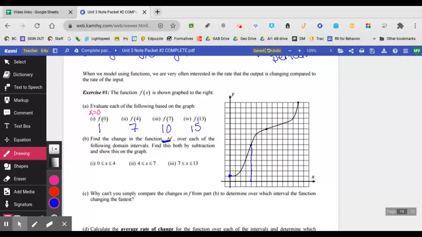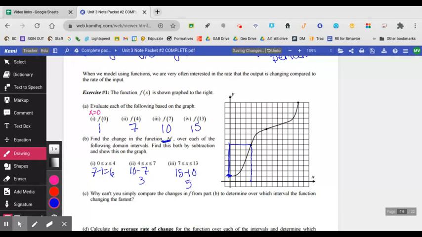Find this by both subtracting and using the graph. From 1 to 4, I went up 6, and I would do that by doing 7 minus 1, which is 6. From 4 to 7, I would do 10 minus 7, which is 3. From 7 to 13, I'm going to do 15 minus 10, which is 5.